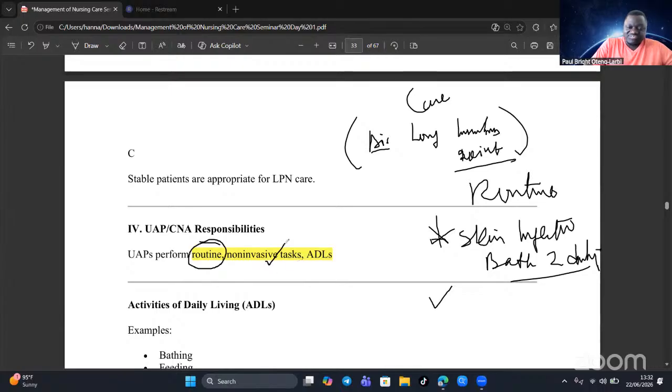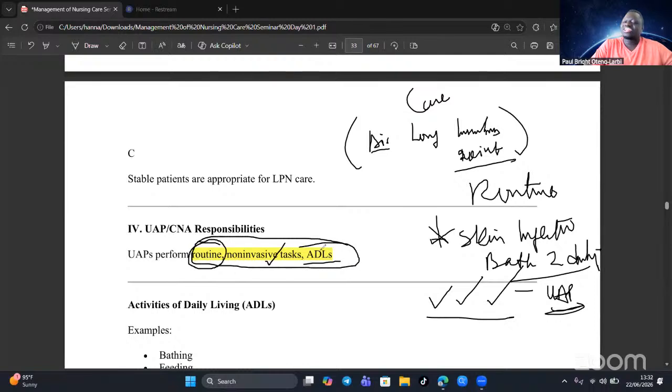Is it an invasive or non-invasive procedure? It is non-invasive. Check mark. Is it activities of daily living? Yes. So all three have been check marked. Okay, I can give it to the UAP to do. If you don't know these three things I've highlighted, you can never answer any question for UAP or CNA.